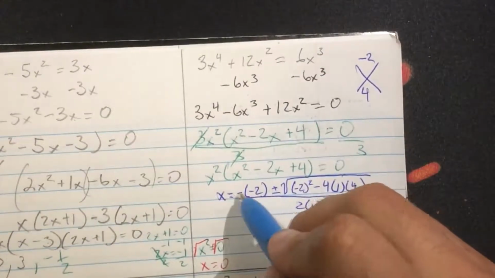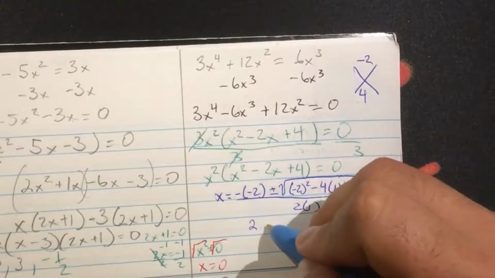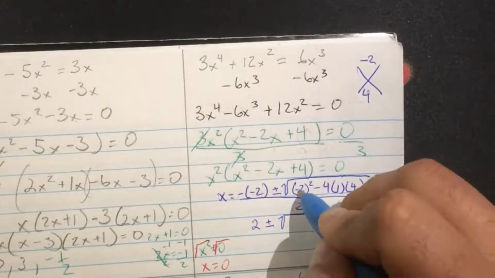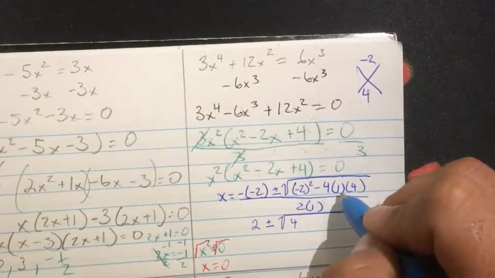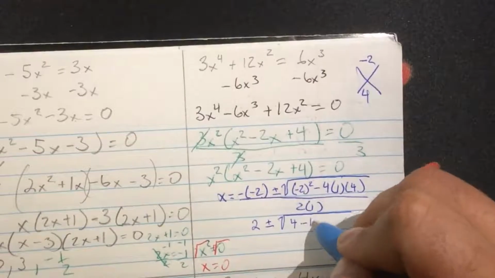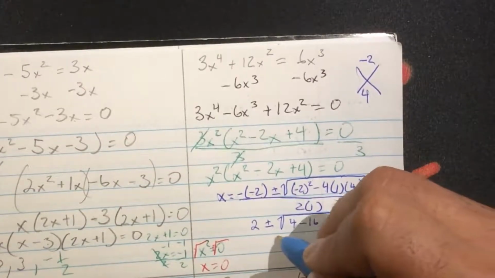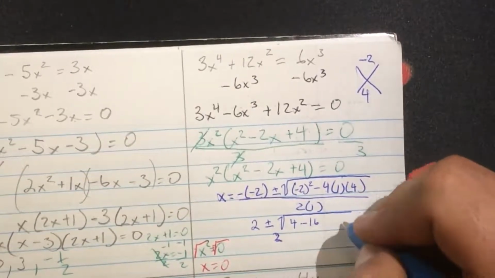All right, first things first, negative times negative 2 is positive 2, plus or minus the square root of b squared is 4, minus 4 times 1 times 4 is minus 16, all over 2. So this is going to give us a negative 12.